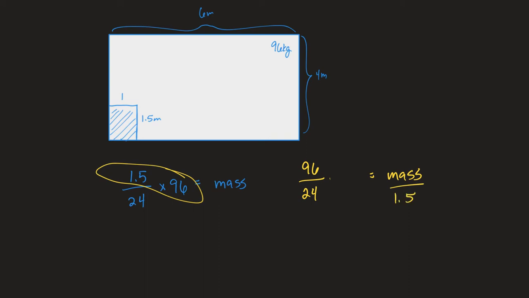And again, I'm doing this purposely because this is the mass to area ratio on the left. 24 is the area of the whole piece. 1.5 is the area of the corner. This would be the surface or areal density of this rectangle.